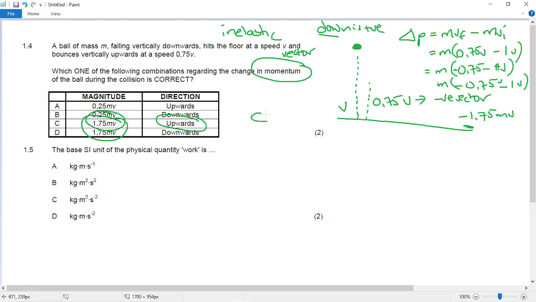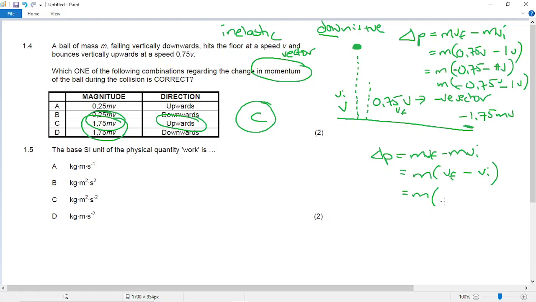So the answer is C. Look here. Delta P equals mvf minus mvi, which equals, take the mass out because it's a common factor, m(vf minus vi). We said that down is positive, so vf is upwards. This is the vf over here, and this is the vi on this side.